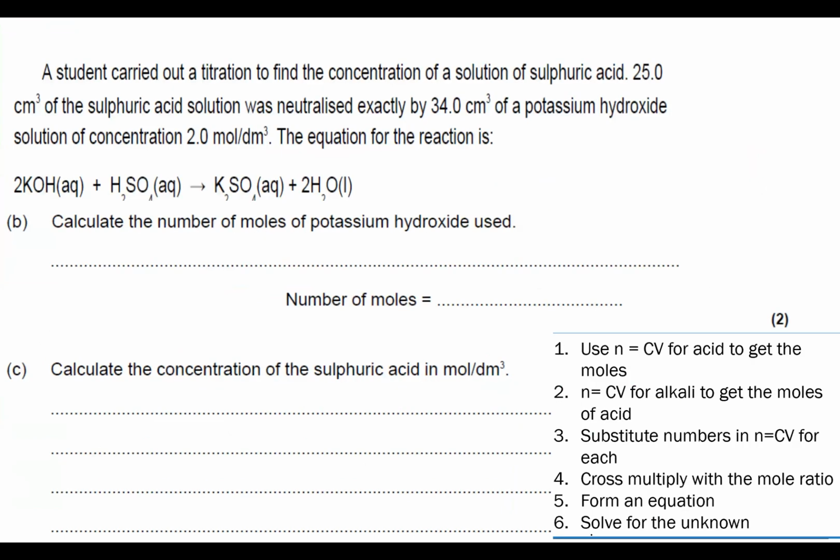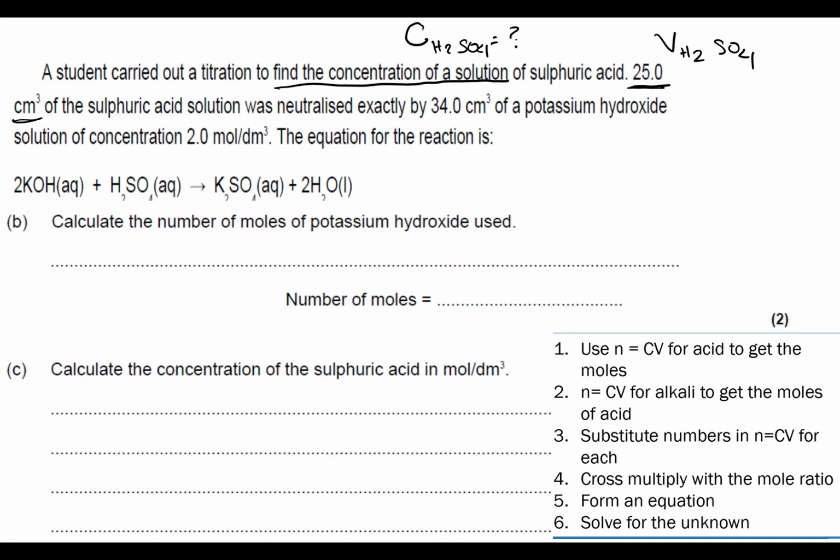Now, here's an example. A student carried out a titration to find the concentration of sulfuric acid with this volume, 25 cubic centimeters. So we're going to write V of H2SO4. And he does not know the concentration of sulfuric acid. So we're going to write C of H2SO4 question mark.